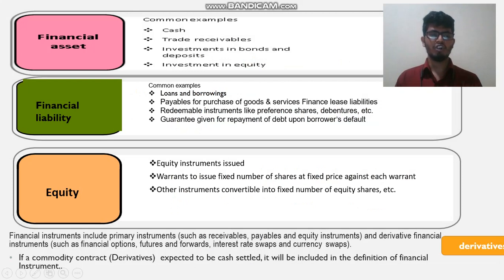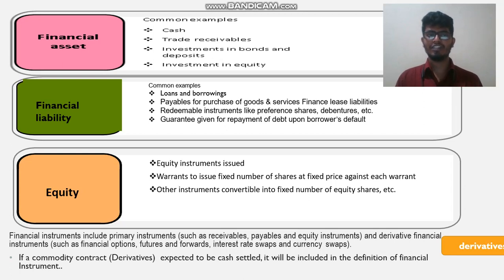Derivatives are also financial instruments. Under this, if a commodity contract, that is a derivative, is expected to be cash settled, it will be included in the definition of financial instruments. So if any contract is cash settled, then it is a financial instrument itself.